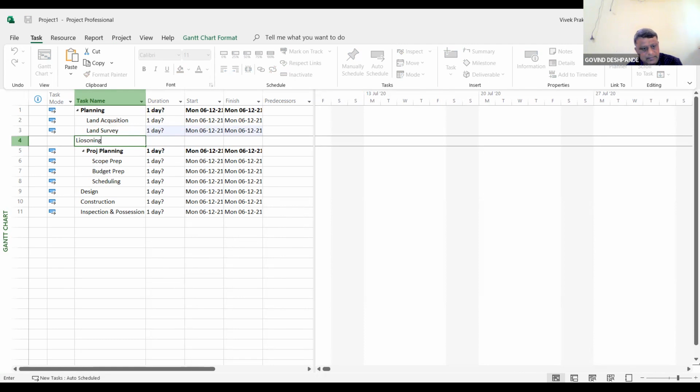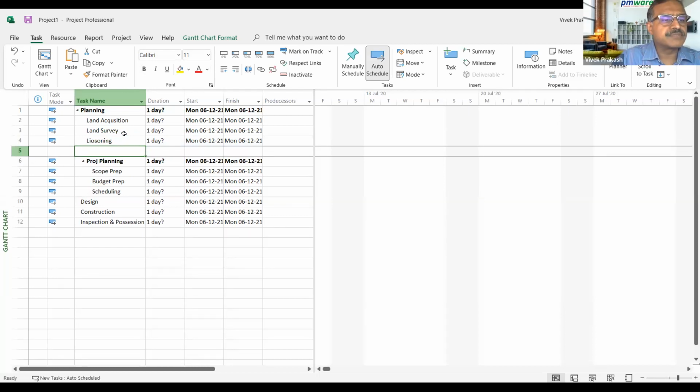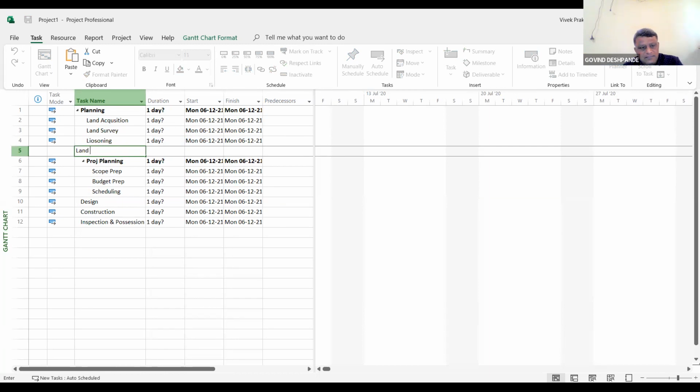That's all, or something. Land registration. It's part of licensing.